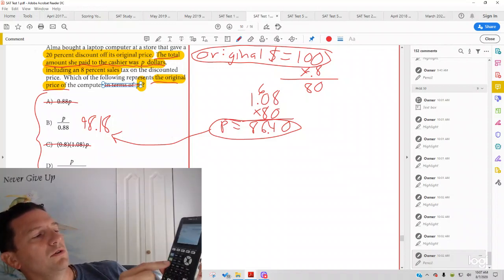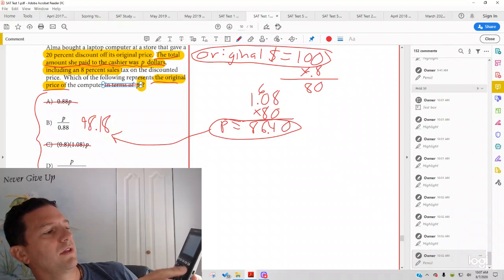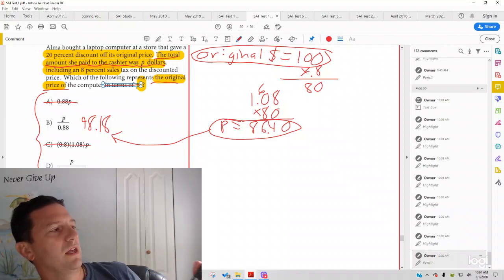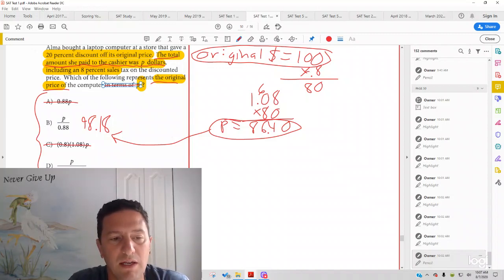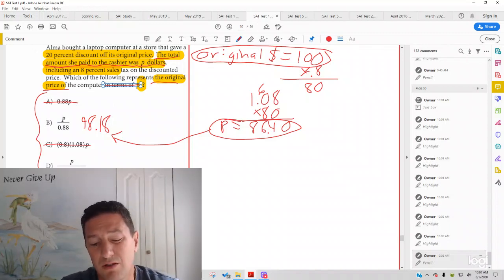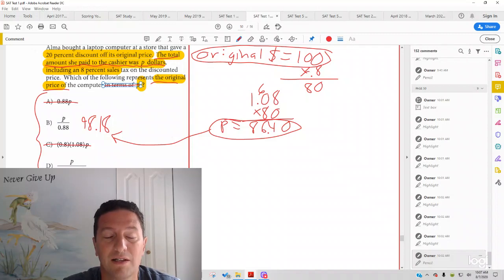So if you were to hit the math button on the left and then go right to NUM and then go up to N over D, hit N over D. And I always recommend using that button anytime you have more than one thing going on in the top or the bottom of the fraction. Why? Because students tend to use the division bar, and the calculator will always follow the order of operations. And a lot of times you wind up screwing it up by plugging it into your calculator wrong, even though you know exactly how to do it.